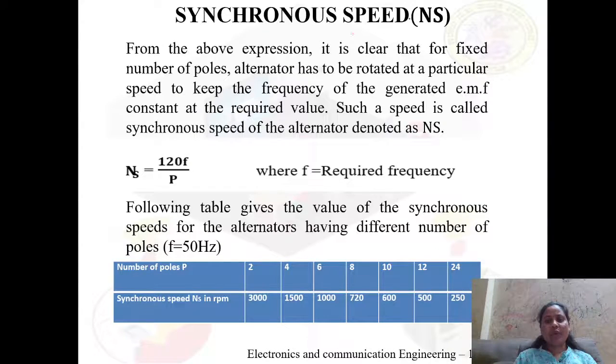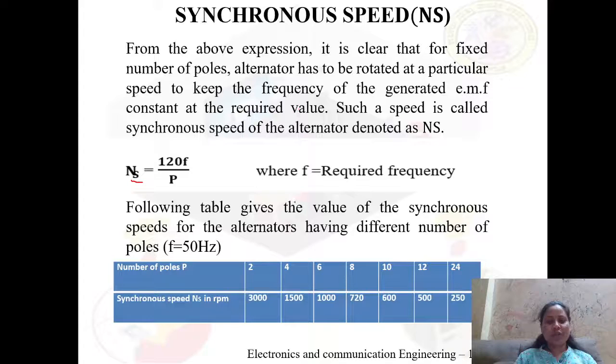What is meant by synchronous speed here? The speed of the rotating magnetic field we call the synchronous speed, and it is represented with Ns.